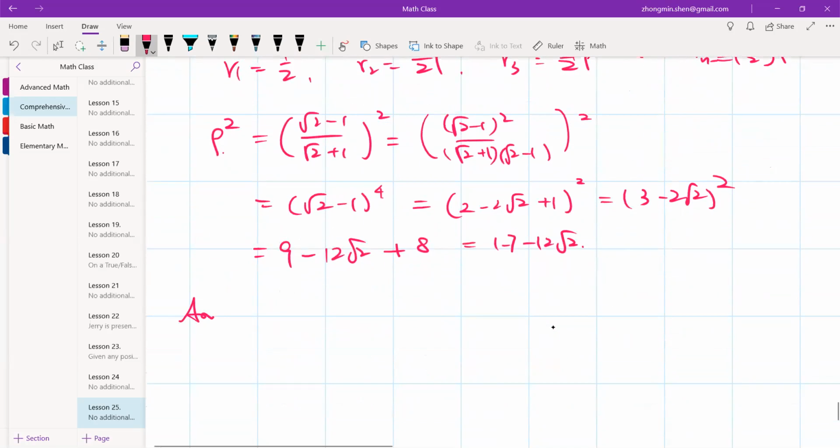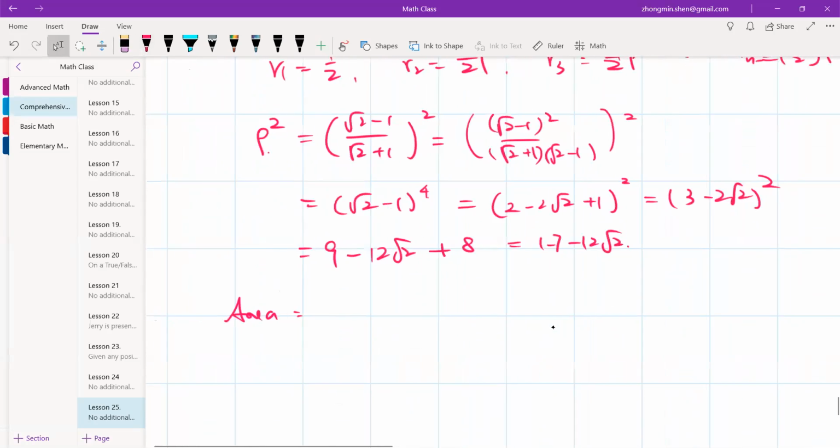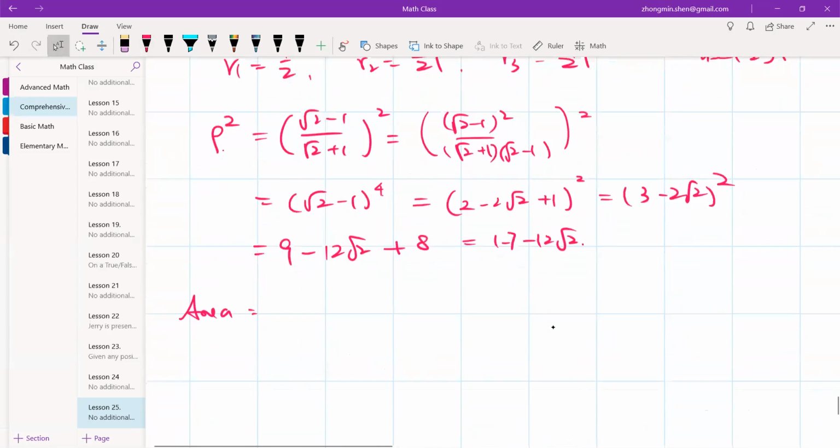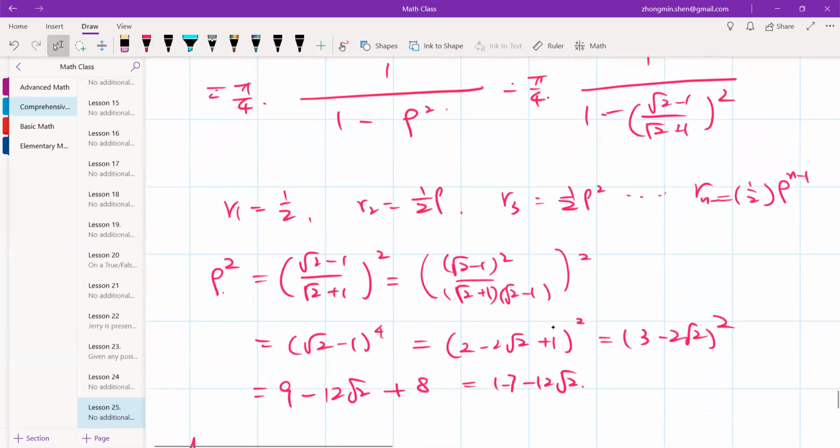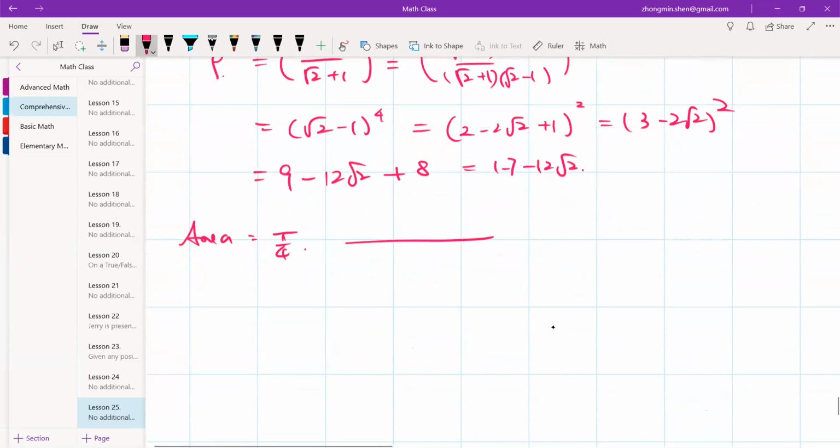Then the area, I'm very curious about what we can get finally. Yeah, it's going to be pi over 4. This is a positive number. Okay.